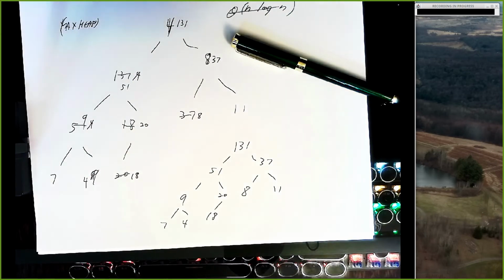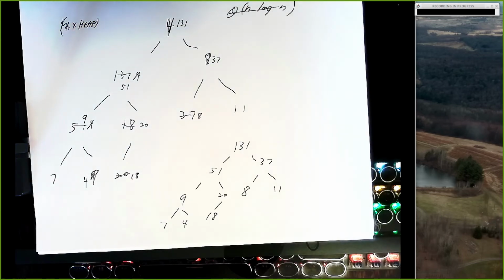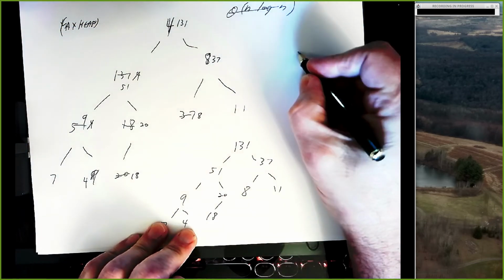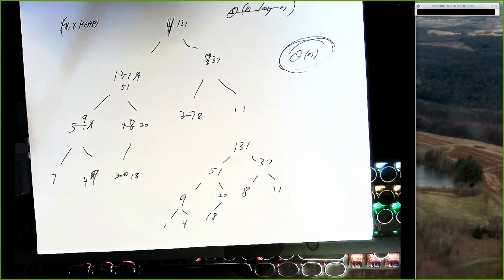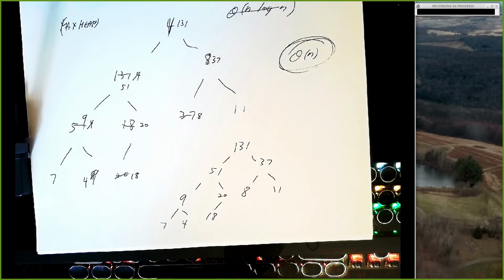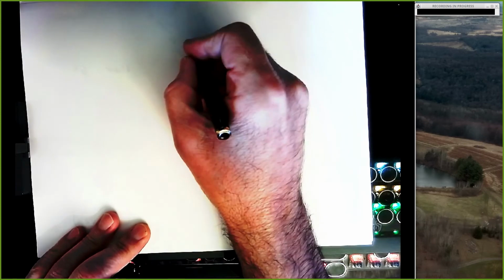That sounds like n log n again, which is the same as just doing n inserts into a heap. But it turns out heapifying is actually an order n operation. And that's fantastic. The reason it's order n is basically this. Suppose you have a heap.